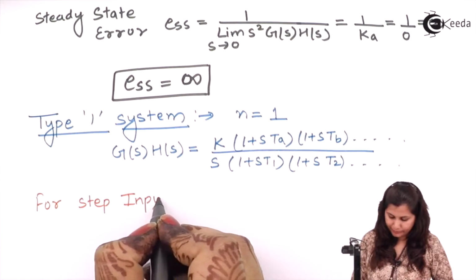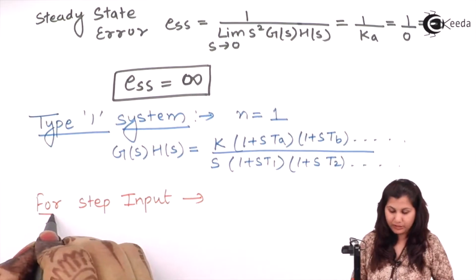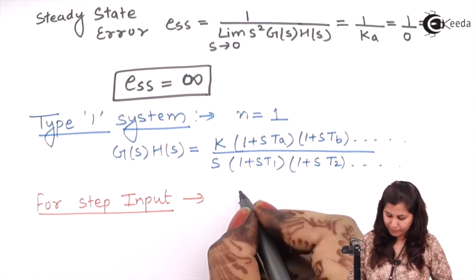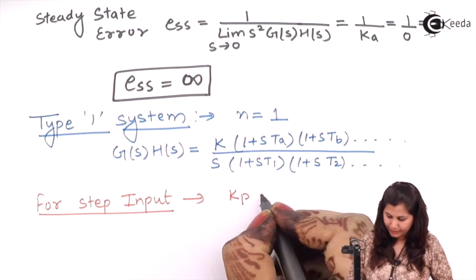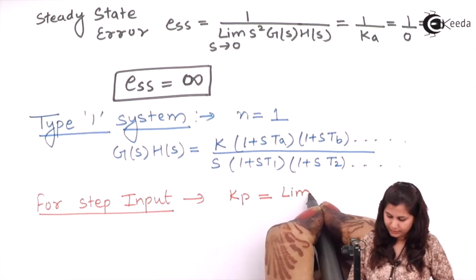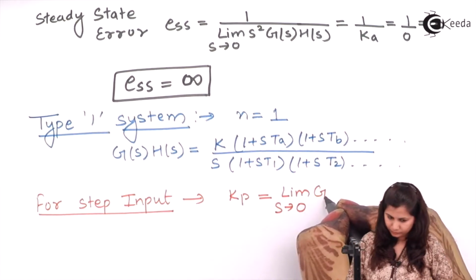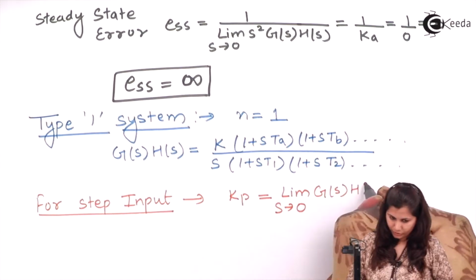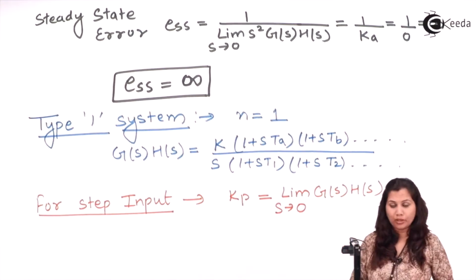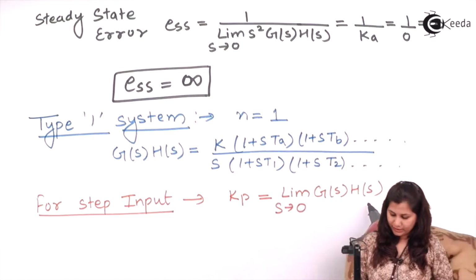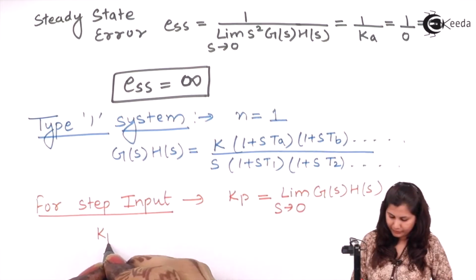So for step input, we have again the static position error coefficient Kp, and Kp is given by limit s tends to 0 of GsHs. Put the value of GsHs into this.